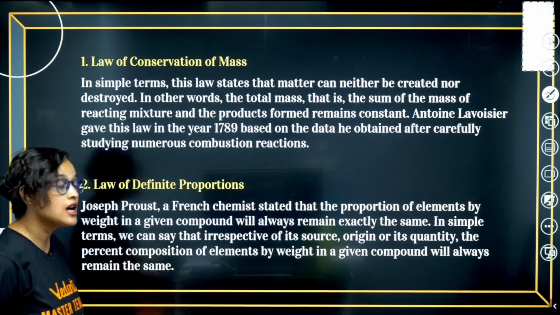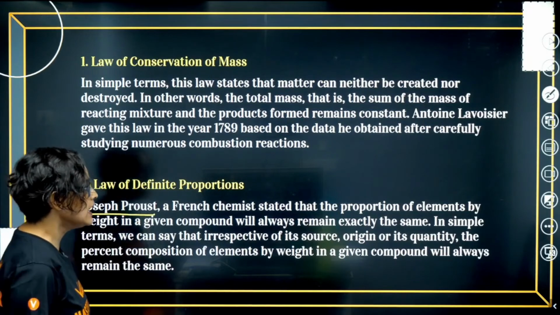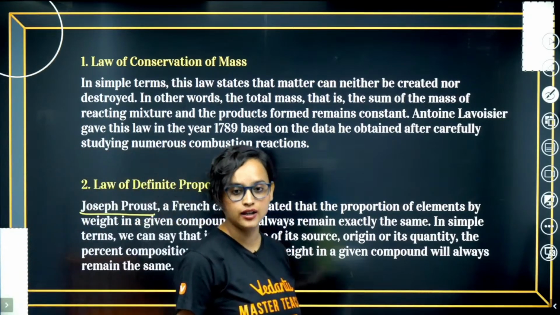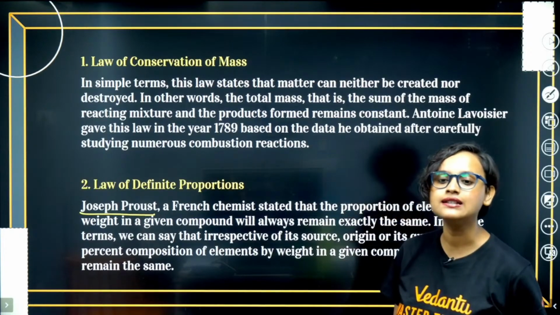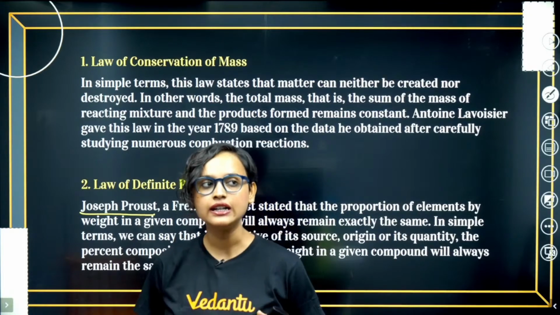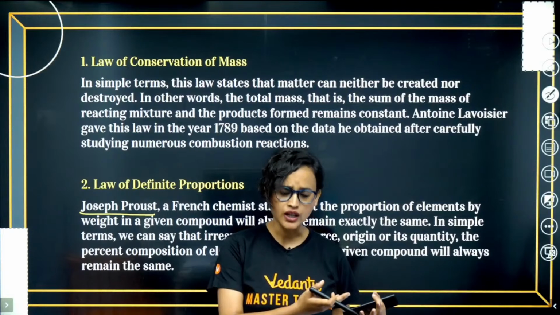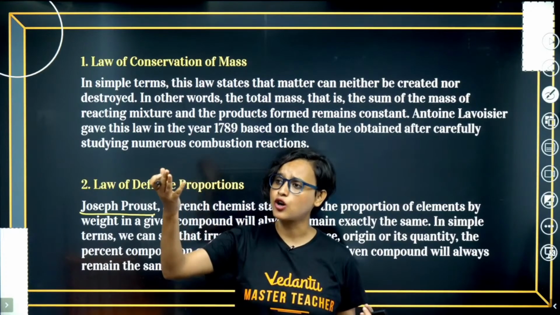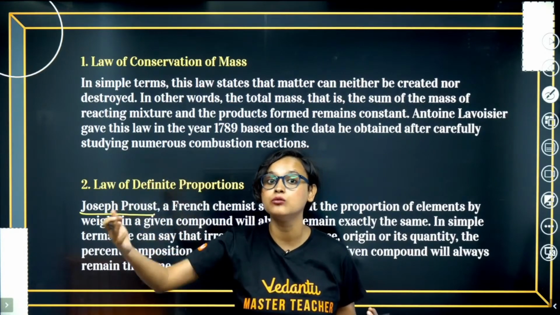Who gave this? This was given by Joseph Proust. He was a French chemist, and he stated that the proportion of elements by weight in a given compound will always remain exactly the same. So what he meant is, let's say I take some copper carbonate from nature, and I also make copper carbonate synthetically in a laboratory.